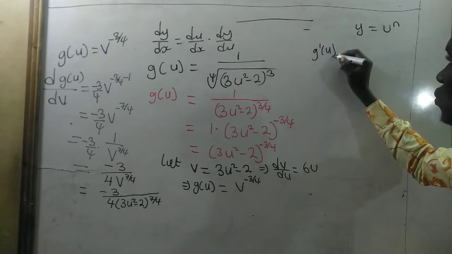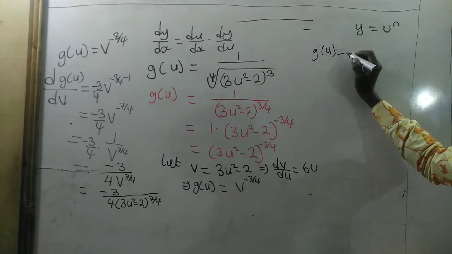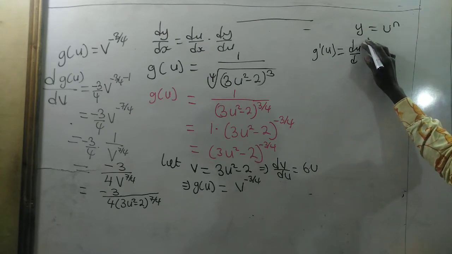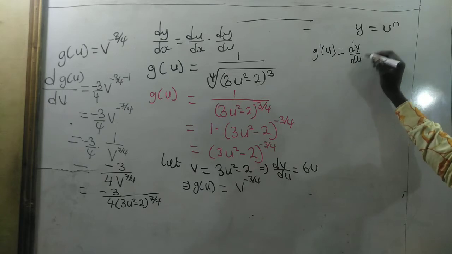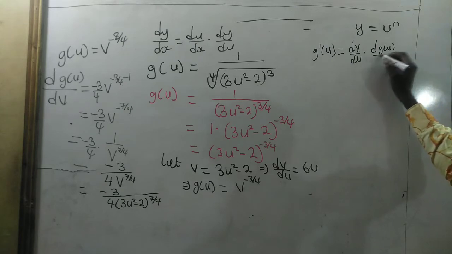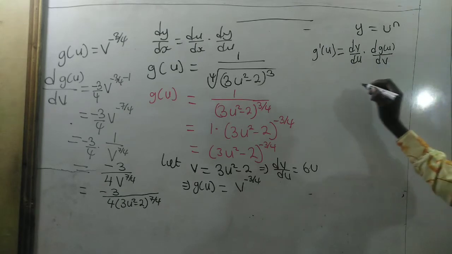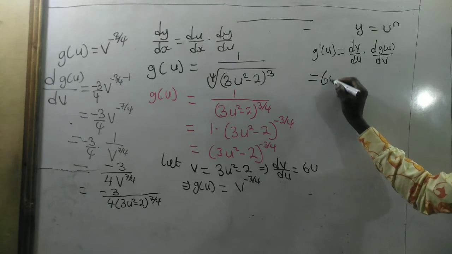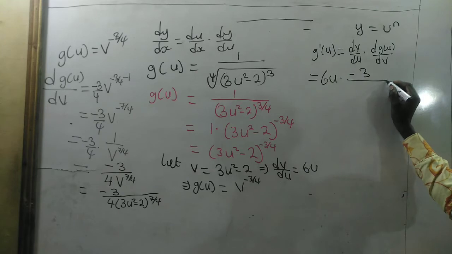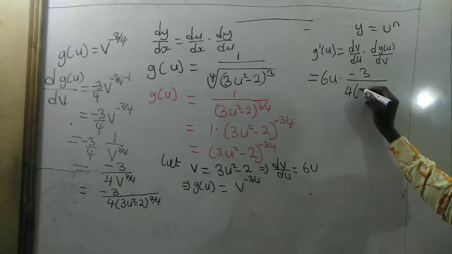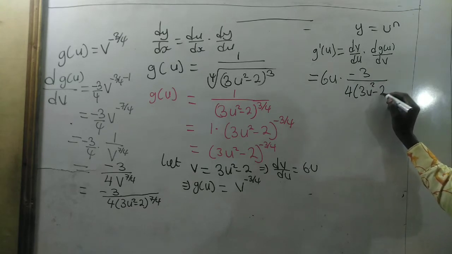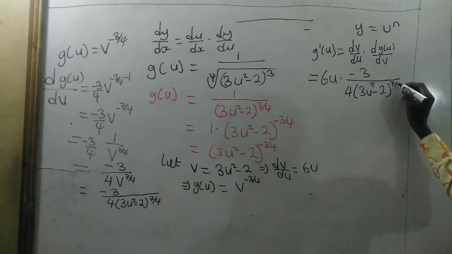g prime of u to be equal to, we've found this one, dv on du dot dg of u on dv. So this will give us 6u times negative 3 on 4 times 3u squared minus 2 exponent 7 out of 4.